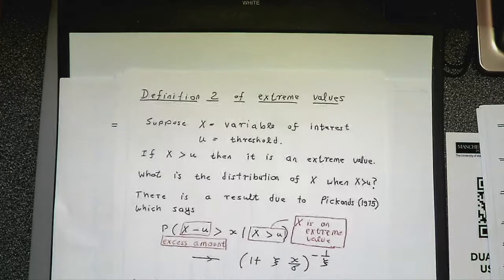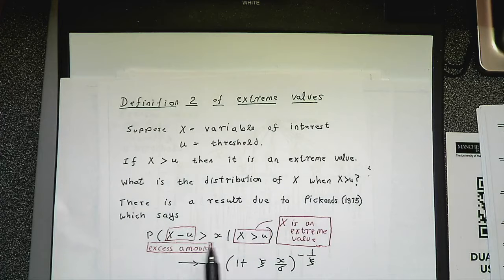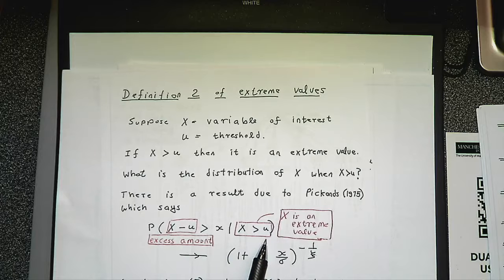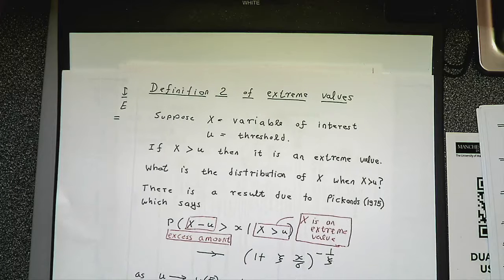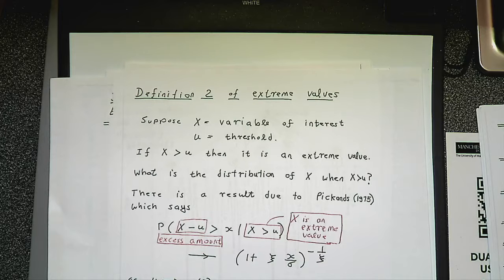Now, what it says is that, all right, if X is the variable of interest and U is the threshold, then the probability of X minus U, which is the excess amount, given X greater than U, the event that X is an extreme value, approaches this, right, as U approaches the upper end point of F. This is a fundamental result in extreme value theory, and is due to James Pickands, an American mathematician and statistician.